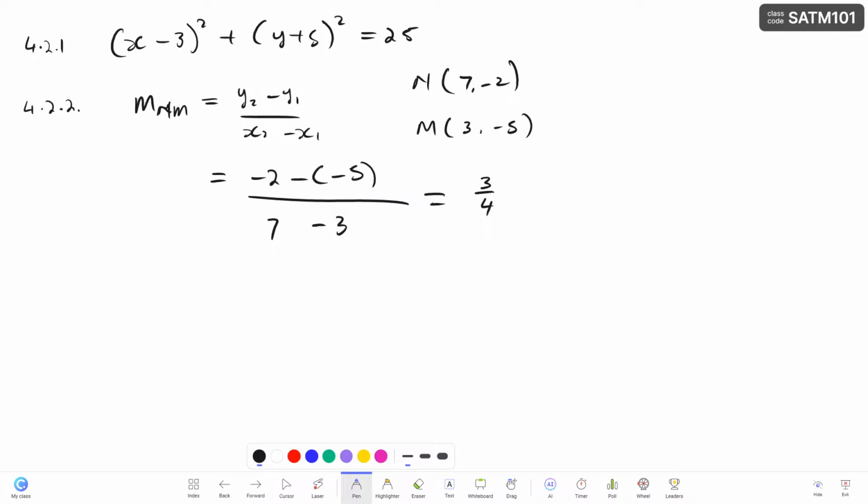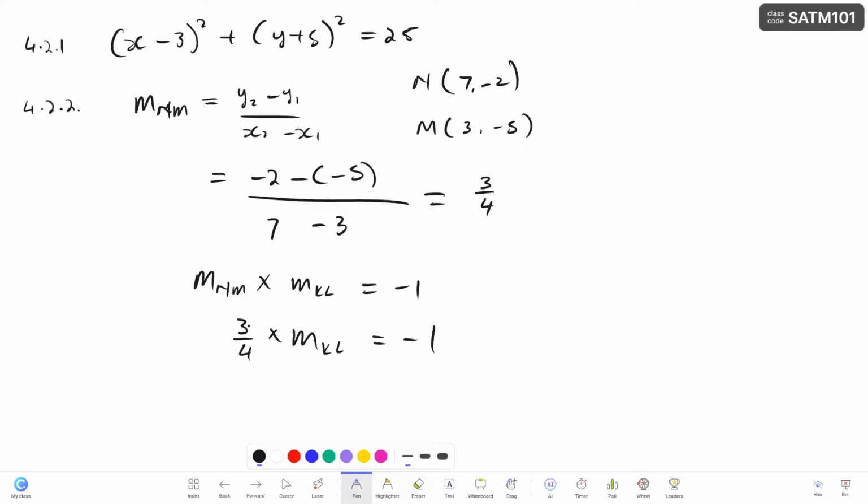So here we're going to say gradient of NM times gradient of KL is equal to -1. So okay, we have a gradient of NM, which is 3 over 4, times the gradient of KL is equal to -1.